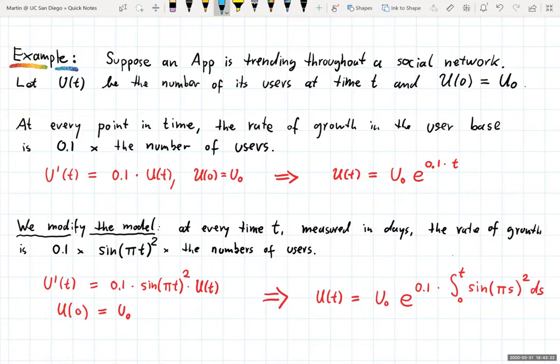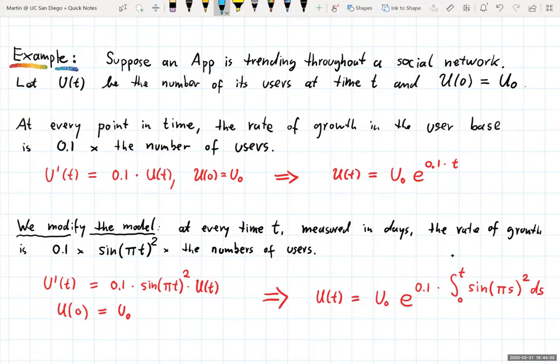Now the next example is again about growth and decay, but this time within the social sciences. It's an app trending throughout a social network, and we're interested in the number of users of that app at any time t. So let u of t be the number of users of the app at any time t, and suppose that at t equals 0, we've got the starting value of u naught users.